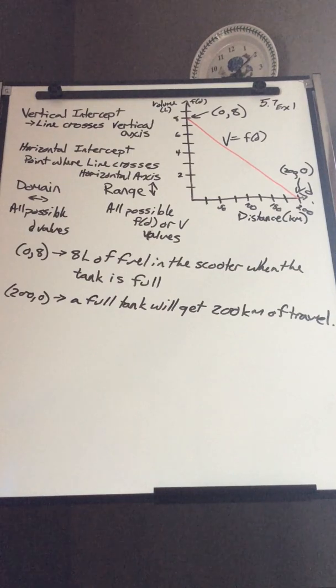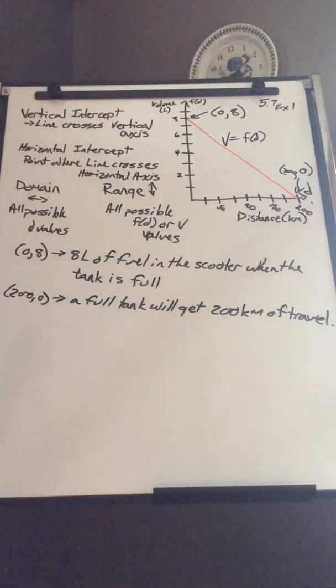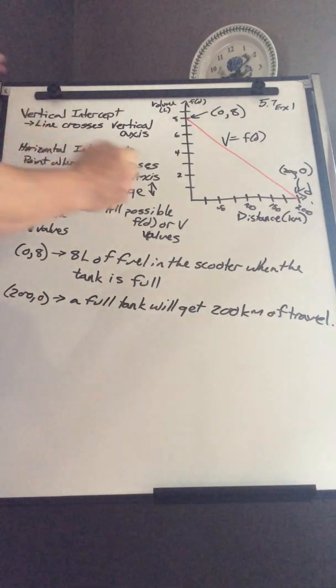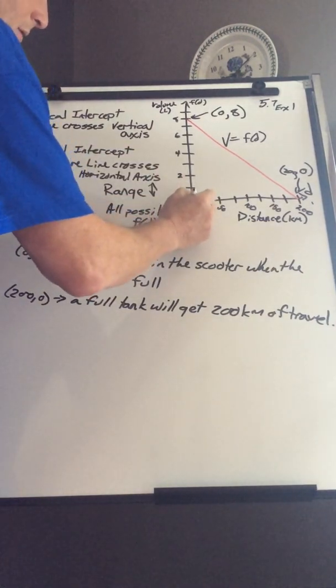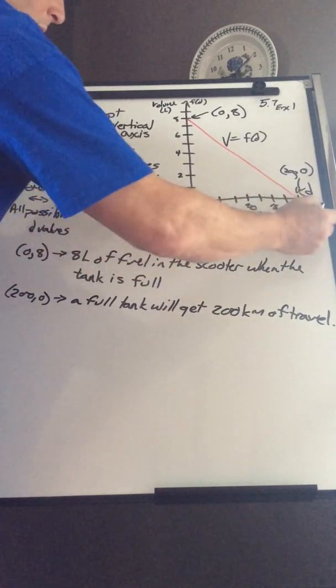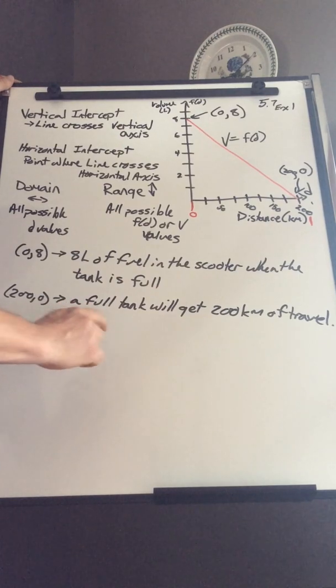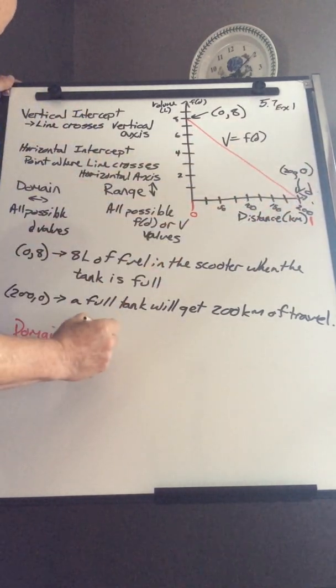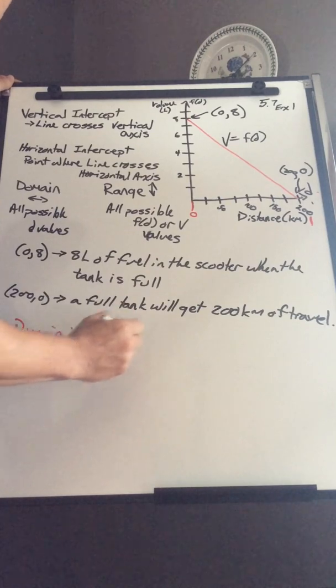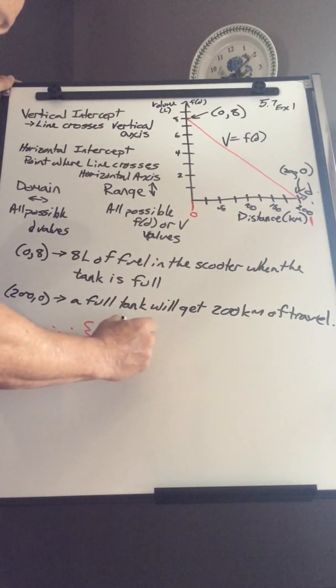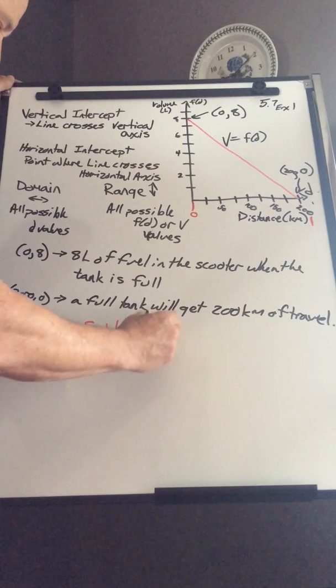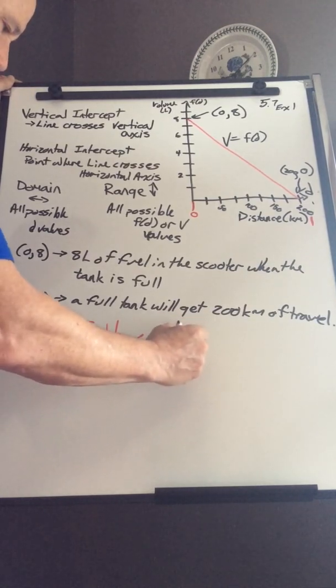So, write the domain and range of the function. Well, when it's set up like this, it's nice and easy because the domain is going to go from here, 0, to 200. So my domain, which we're using D, is 0 is less than or equal to D, less than or equal to 200.